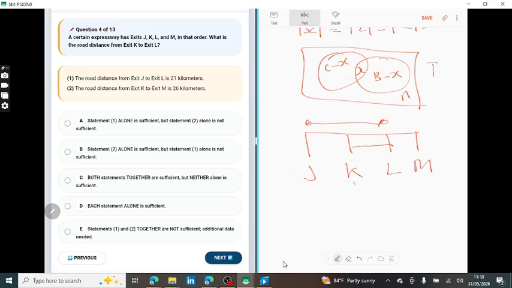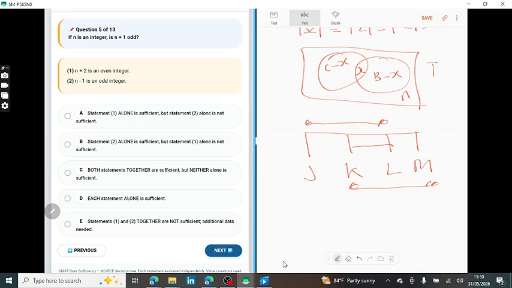And statement 2 is giving us KM with the same thing. Both of them are not sufficient. When combined together, they are still not sufficient. For some conditions, it can make this sufficient. For instance, assuming all the distances are equal, or assuming we know the total distance, then combining would have been sufficient. So we select E.